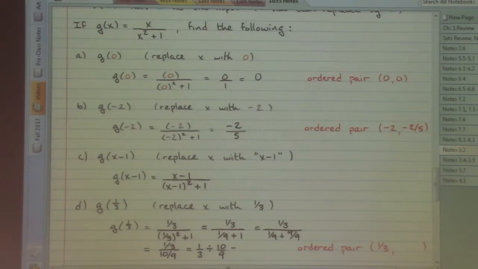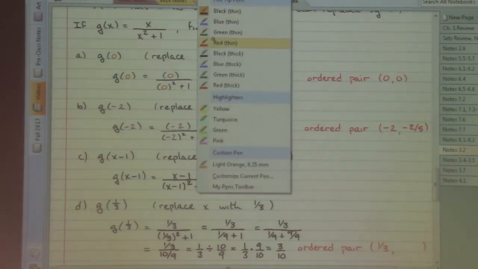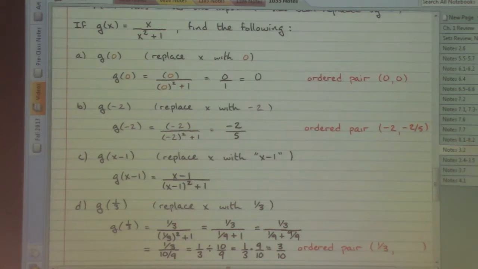According to our rules for dividing with fractions, keep, change, flip, 1/3 times 9/10, multiply straight across and simplify, and that would give us our final value of 3/10, meaning that our ordered pair would be a 1/3, comma, 3/10.